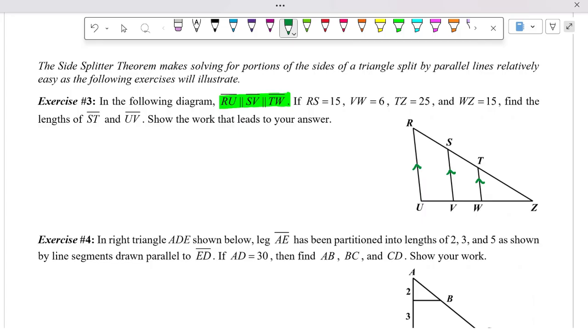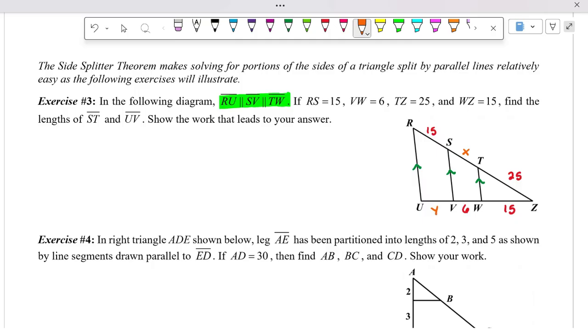Now, it then says that RS is 15, VW is 6, TZ is 25, and WZ is 15. And they want us to find ST, so I'll call that X, and UV, so I'll call that Y.